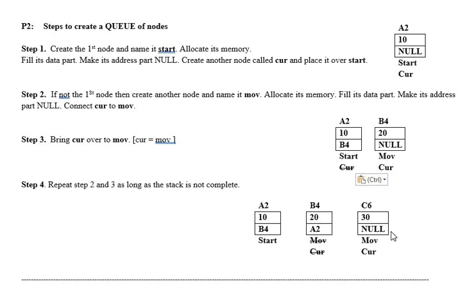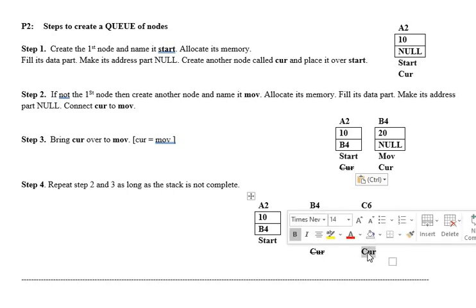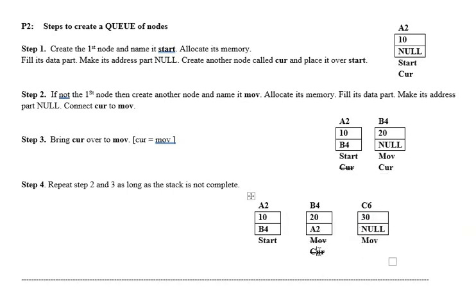Now, when the third node is created, where address is put, value is put, and address is put as null. Current is not there in the beginning, and this one will remain active. When the third node is created, the address part of current will be assigned to whatever move is, and after that current will be relocated to where move is present.